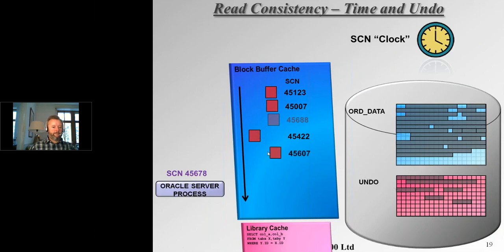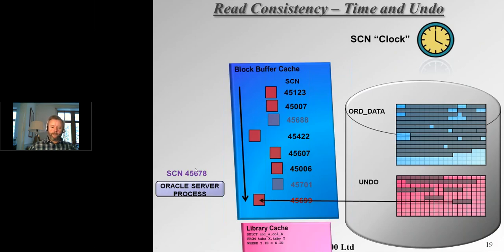Oracle goes to the next block. That's older. Next block. That's good and old. Next one. This one's changed. So again, Oracle copies it, applies the undo, and gets 45699. That's still more recent than when the query started.